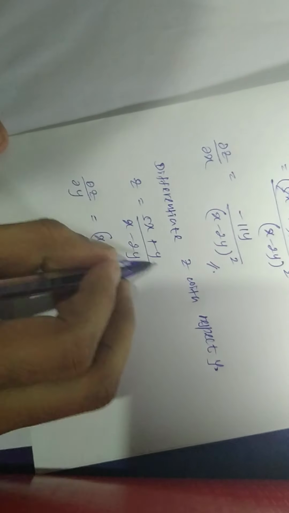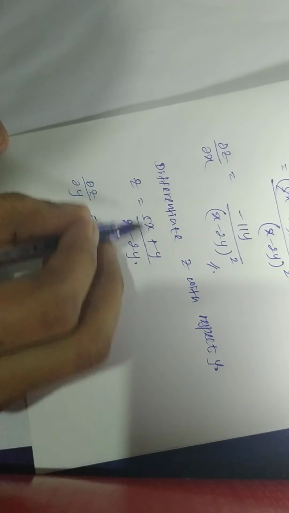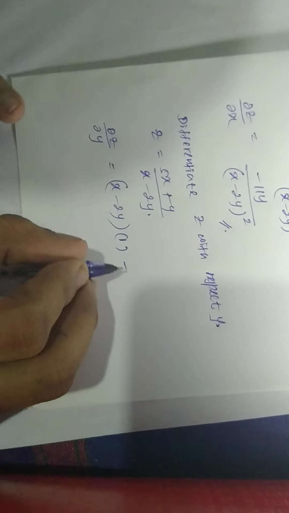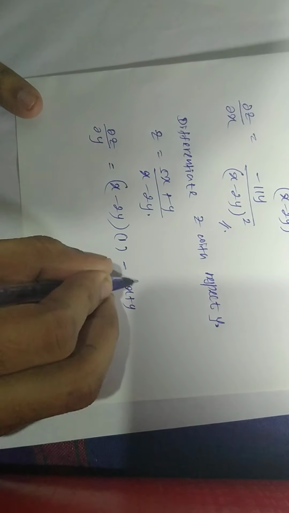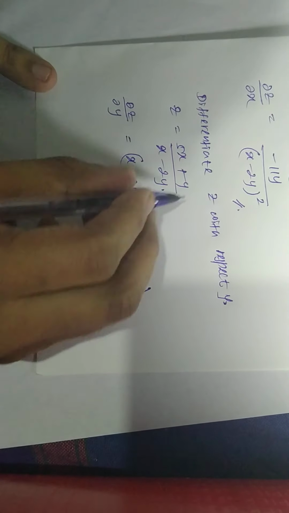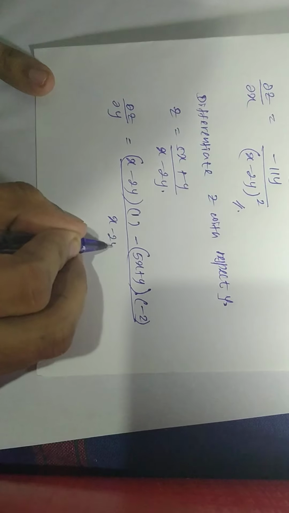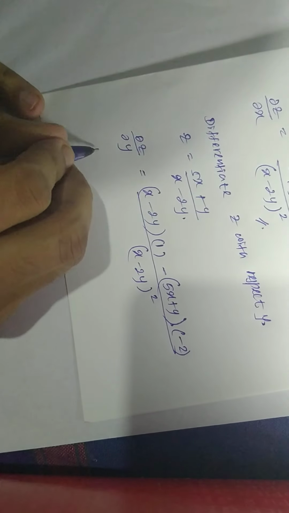Dou z by dou y equals (x minus 2y) times 5, since x is constant and y is variable, minus 5(x plus y) times the derivative of (x minus 2y), which is minus 2, all divided by (x minus 2y) squared.